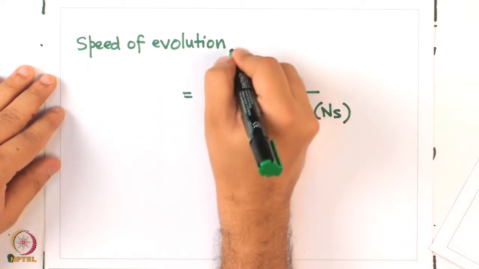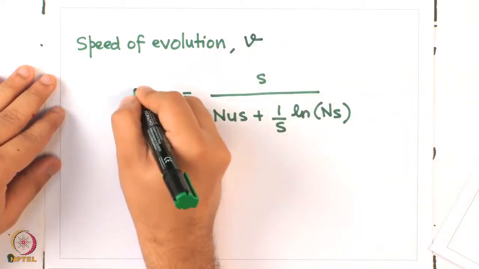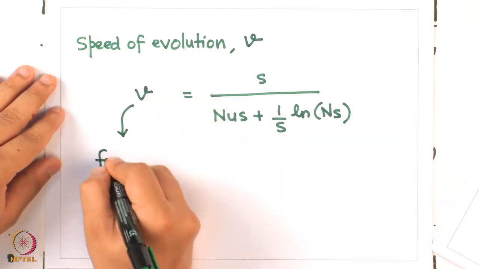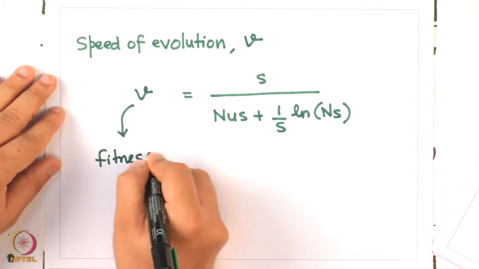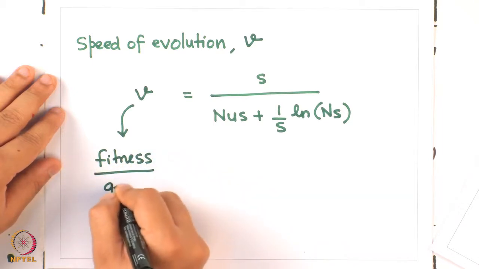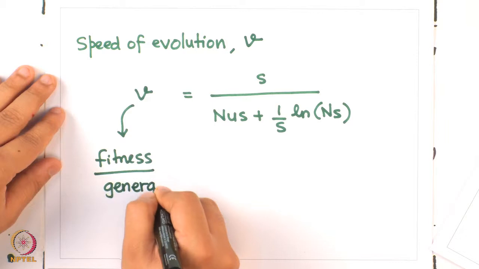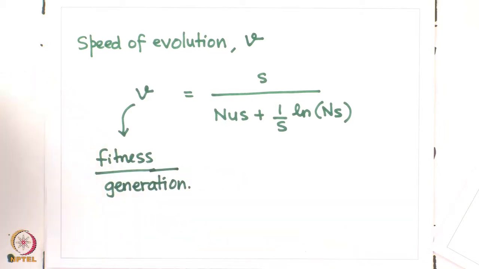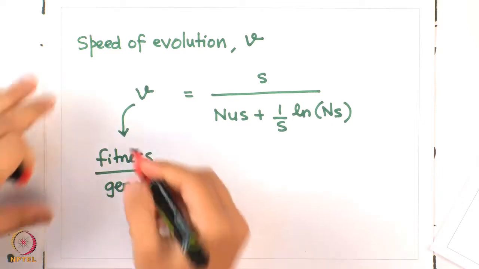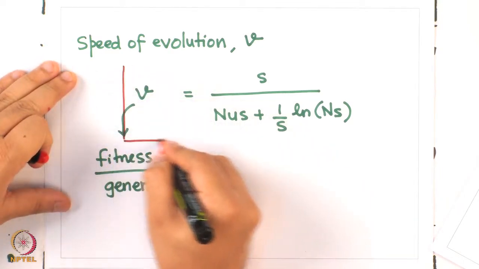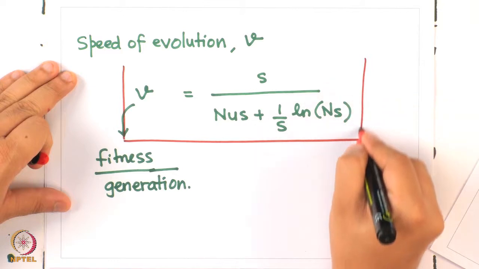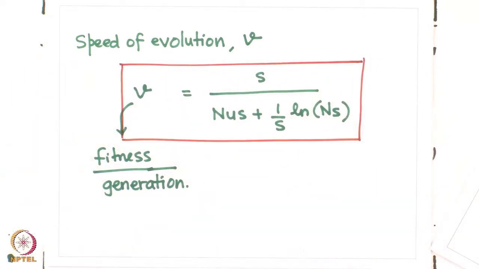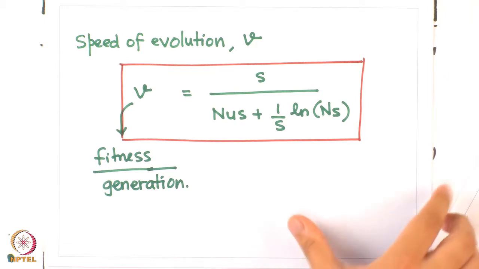Let us call this speed of evolution V, and that is equal to fitness per generation. So, that is the first result in which we can quantify the speed of evolution in an analytical manner and come up with an expression that defines how fast a bacterial species is evolving.